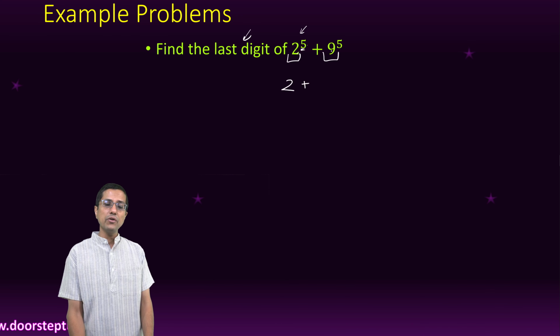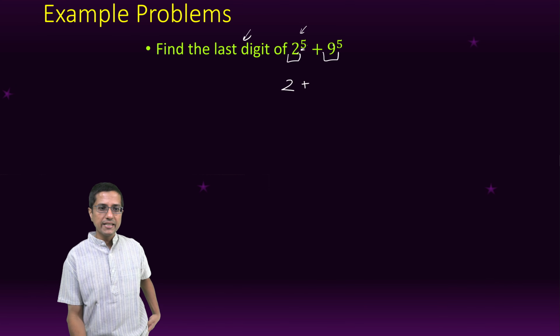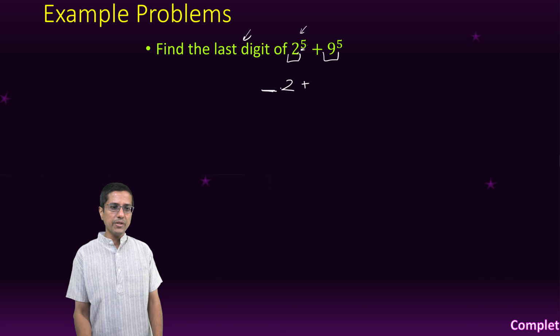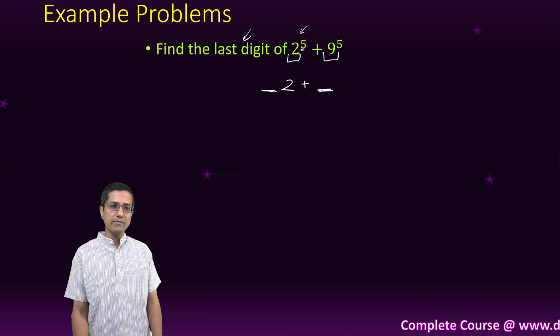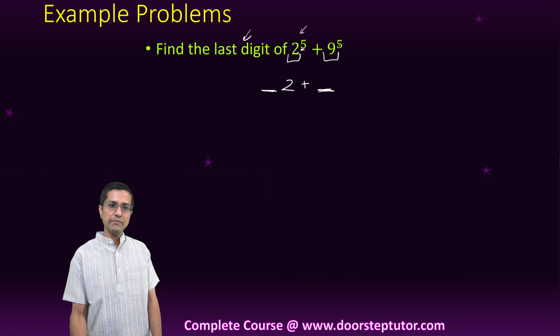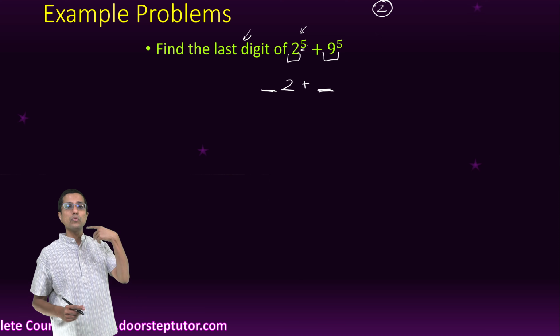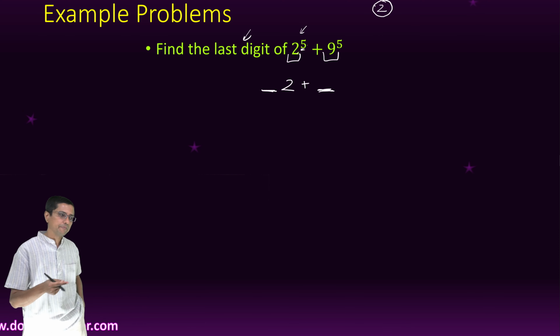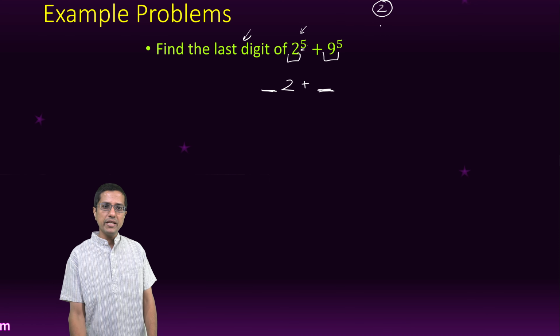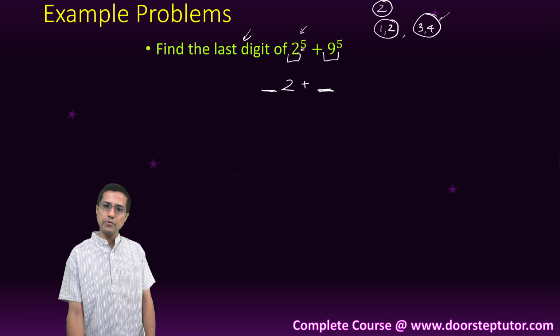Plus this, which we know repeats after every 2. Even for this, there will be some digits and then this 5. For 9, the repetition is after every 2 powers. So 1 2 will be in the same group, then 3 4 in the same group: 9 raised to power 1, 2, 3, 4.